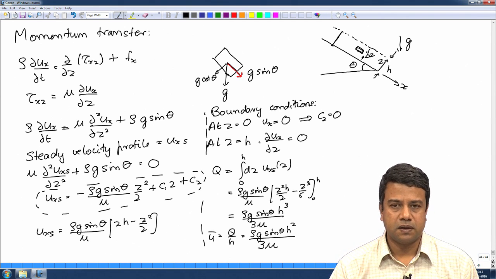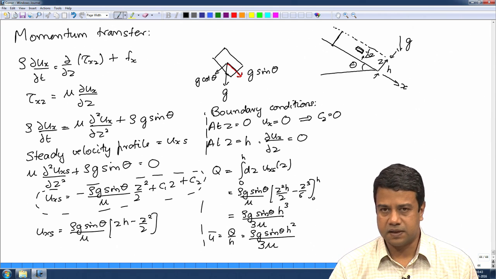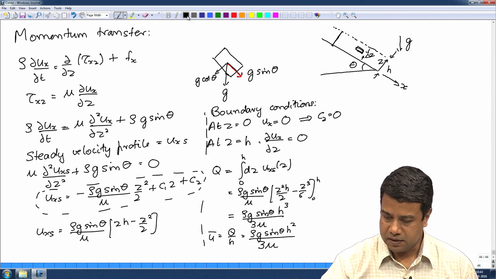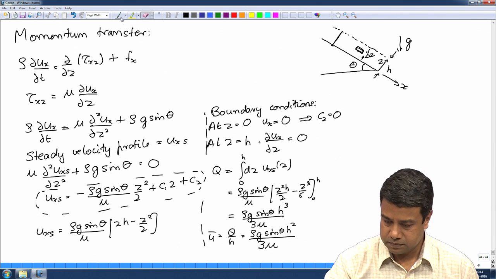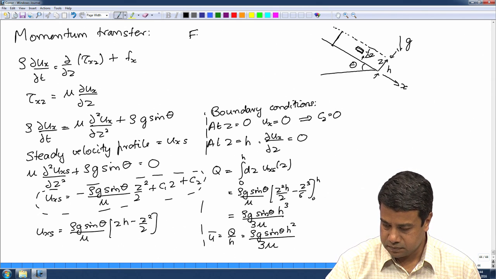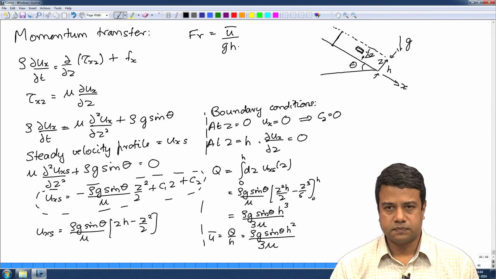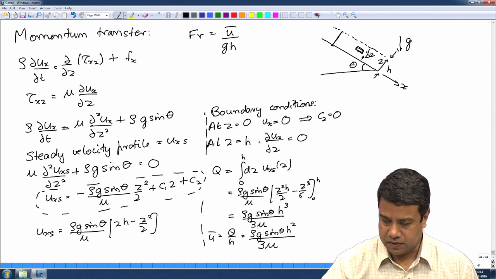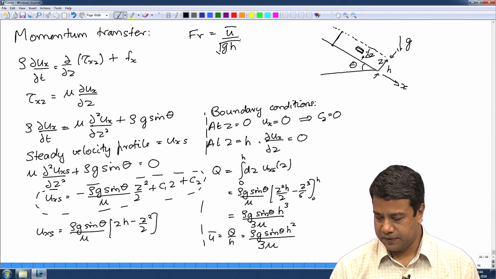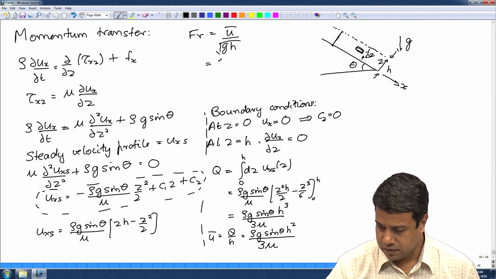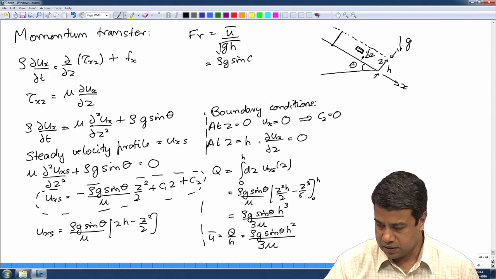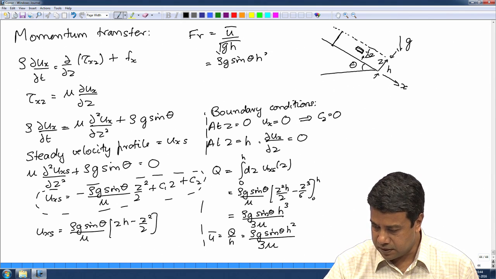For example, in this particular case the appropriate dimensionless number is what is called the Froude number, U bar by the square root of g h. So, this is equal to rho g sin theta h square by 3 mu root of g h.